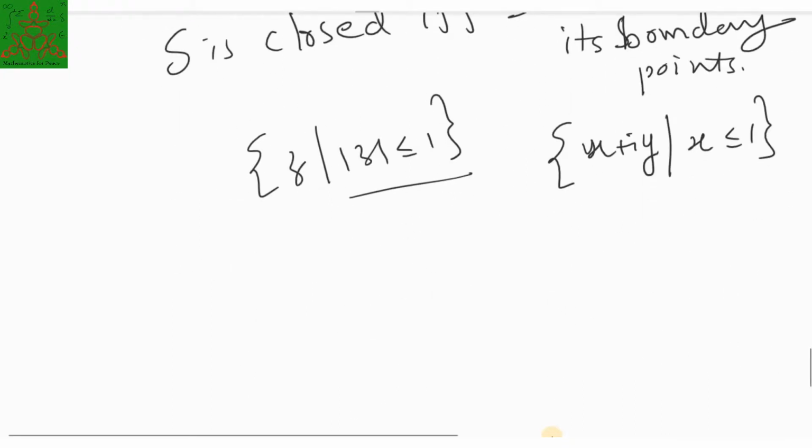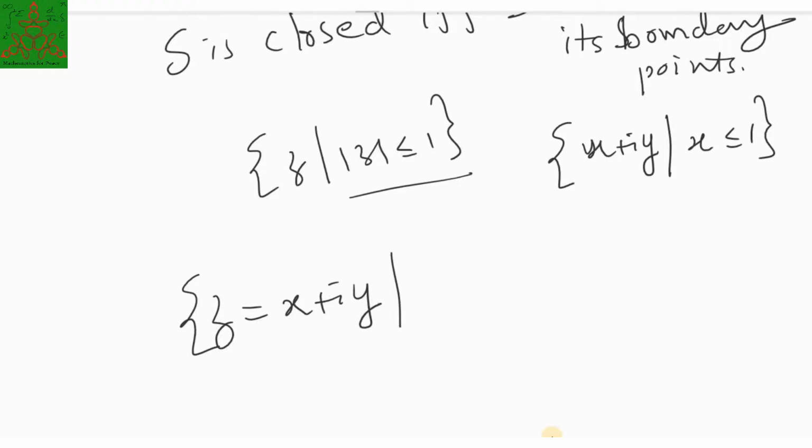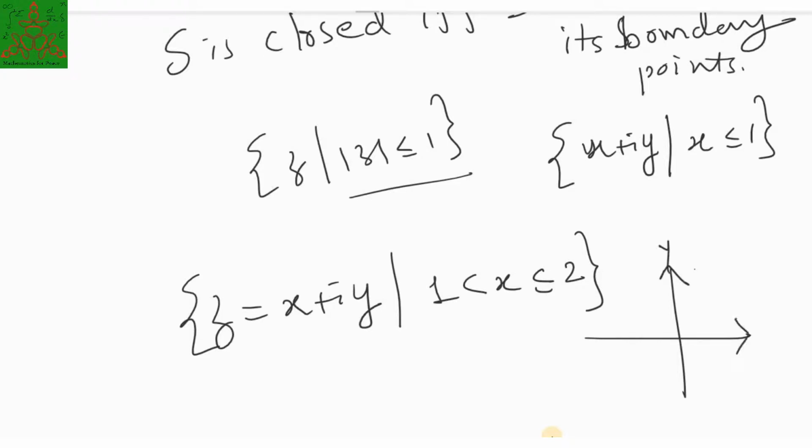There are sets which are neither open nor closed. For example, the set of all x plus iy where 1 is less than x less than or equal to 2. This set is neither open nor closed. If this is your y axis and this is your x axis, then x equal to 1 is not included in the set, and x equal to 2 is included in the set.